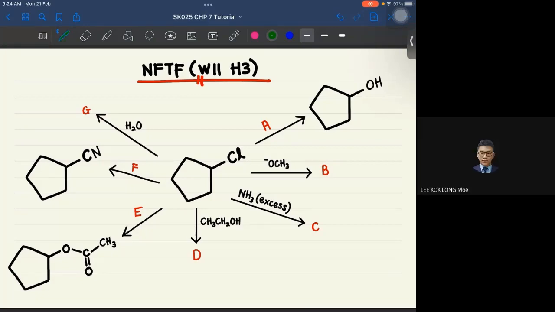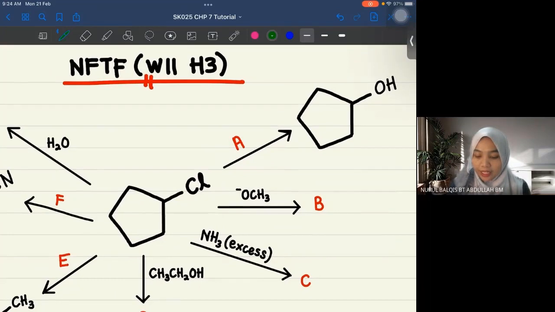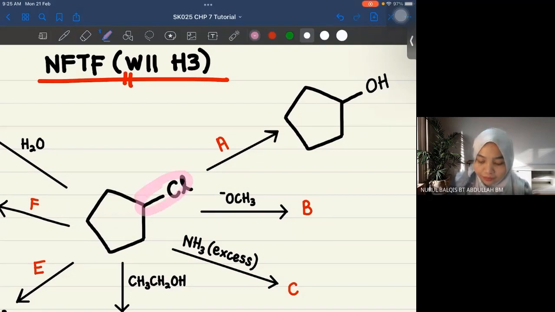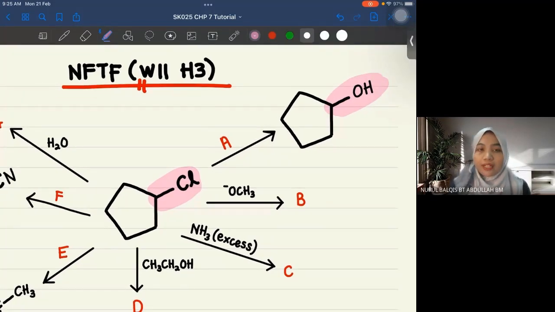Okay, right. Now, kita tengok the first one, A. Okay, A ni sekarang, we initially got carbon bearing the Cl here. Kita nak dapatkan carbon bearing the OH, right? So, what kind of nucleophile yang kita boleh guna sebagai A?